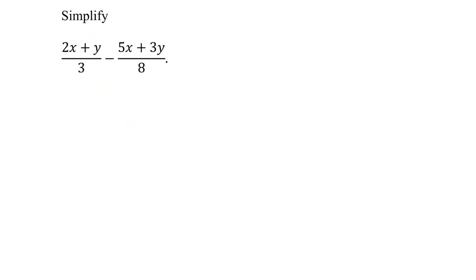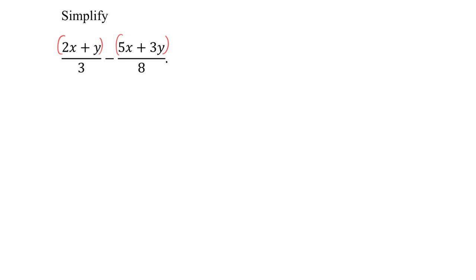Hello everyone, welcome to this question where we are required to simplify the following algebraic fractions. The first thing I would do is not to simplify yet. Rather, to prevent careless mistakes, I always put the bracket first.